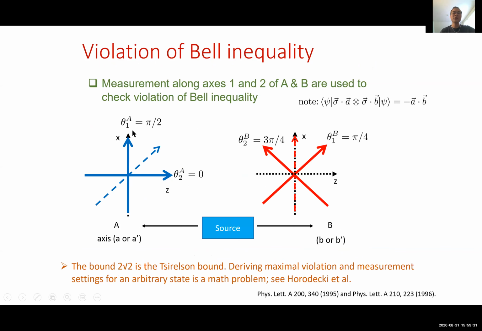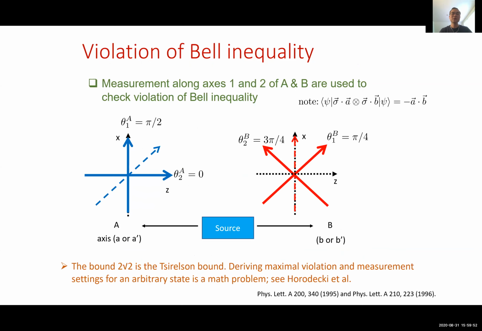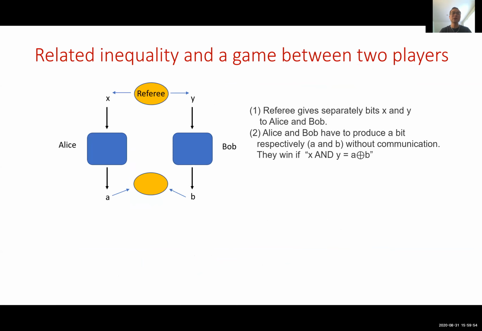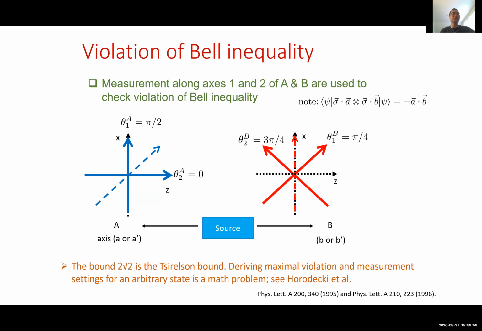And we know what the measurement setting has to be. On the A side, you choose A and A prime, B and B prime axes to measure. So we're going to show that this violates this inequality. I think I'm running out of time, so I'll stop here and see if you have any questions.